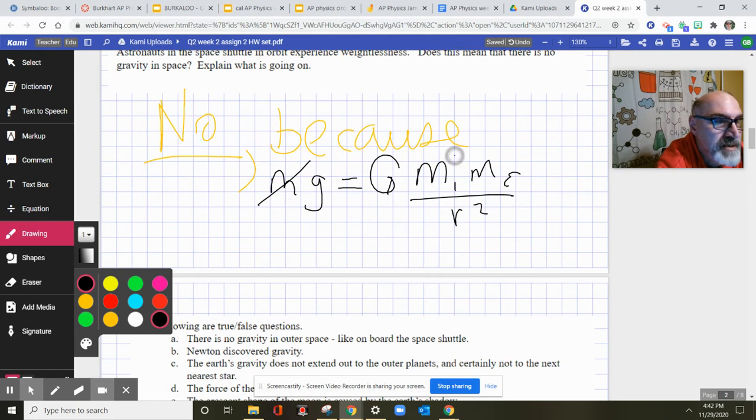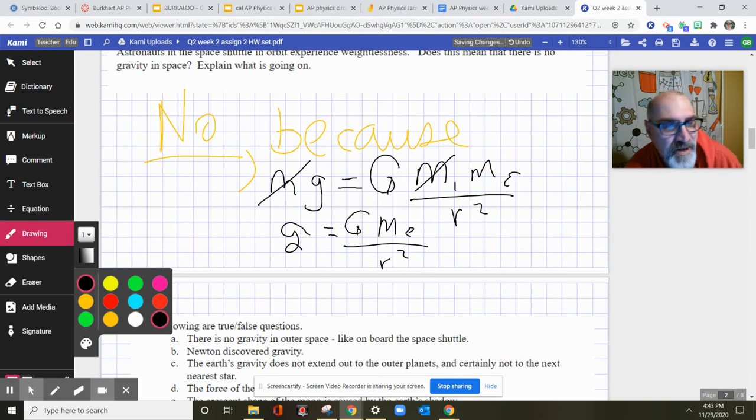So your mass cancels. So the acceleration due to gravity anywhere near the Earth, including the space shuttle or space station or whatever space thing it is, would be equal to the universal constant times the mass of the Earth, divided by how far apart they are, squared.